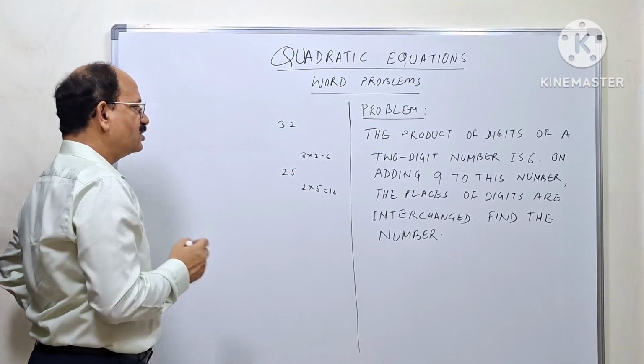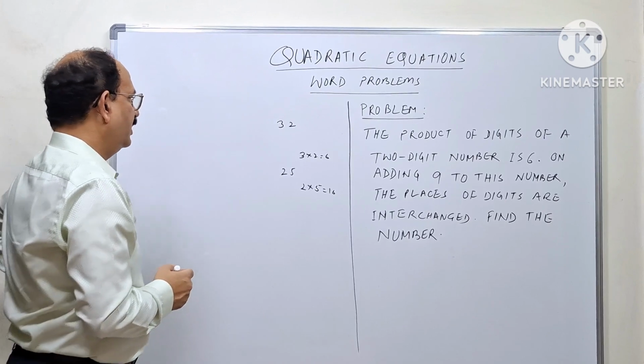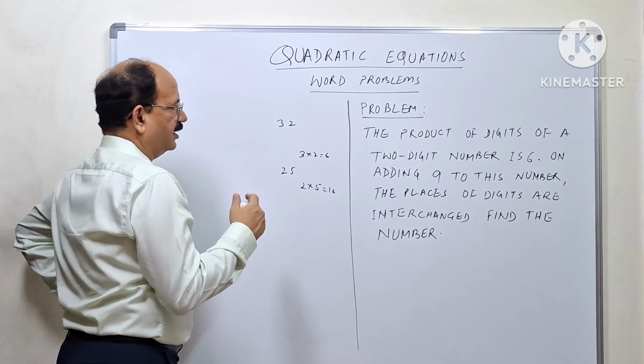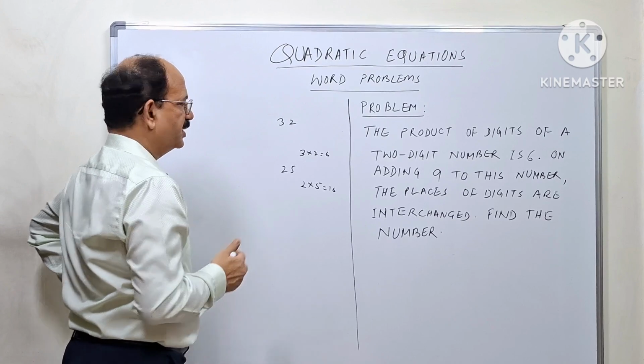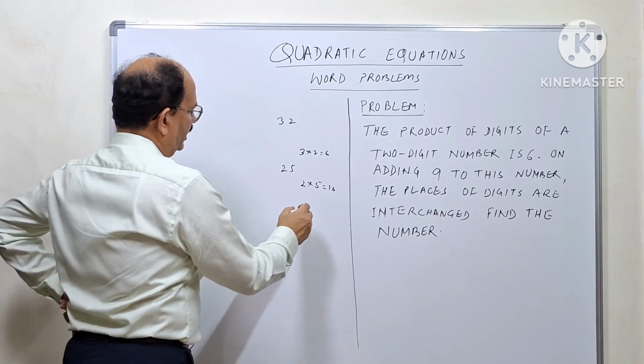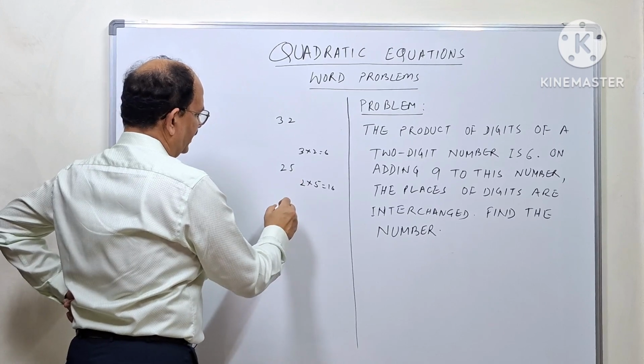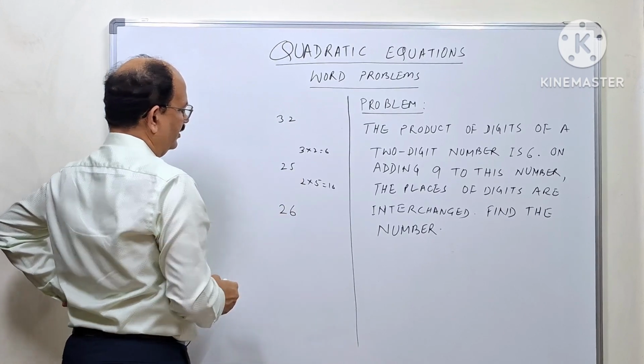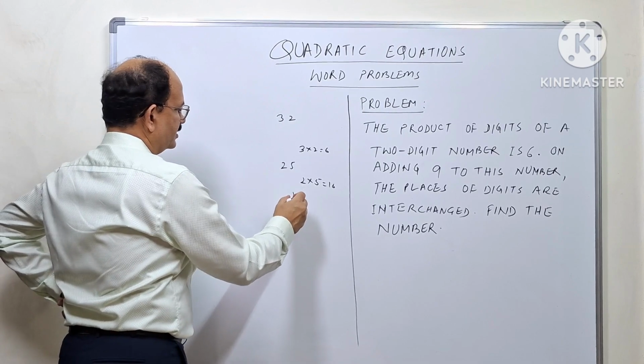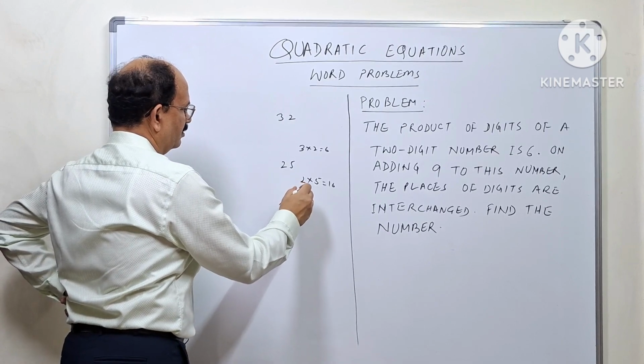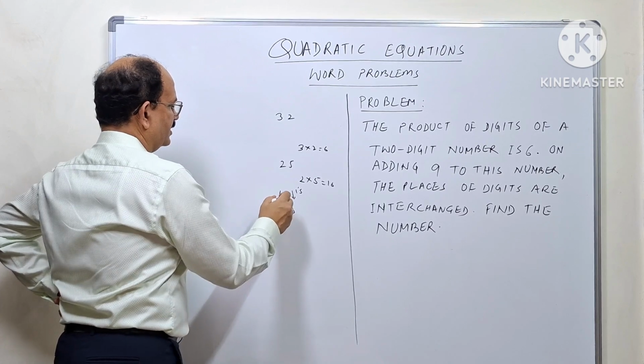Also, we know that in decimal number notation, suppose 25 or 26 has been written, then this is ones position and this is tens position.